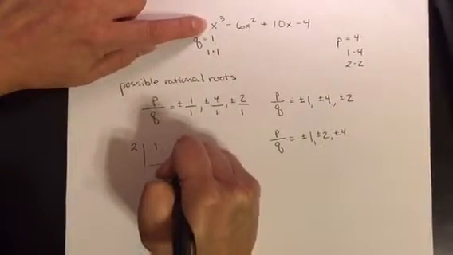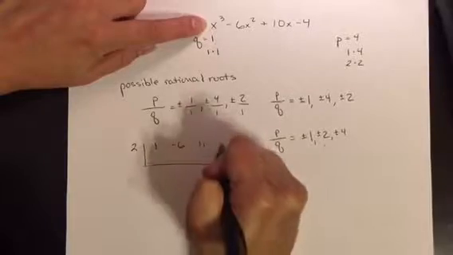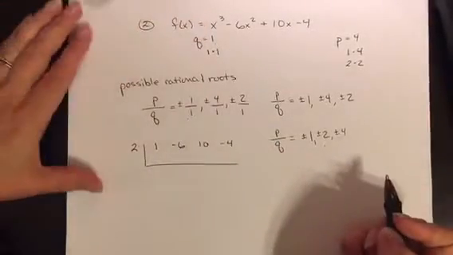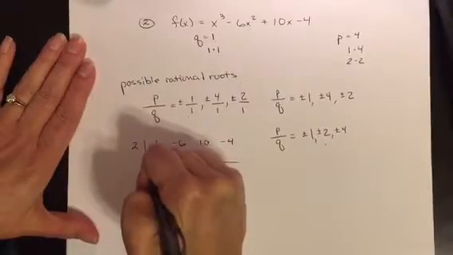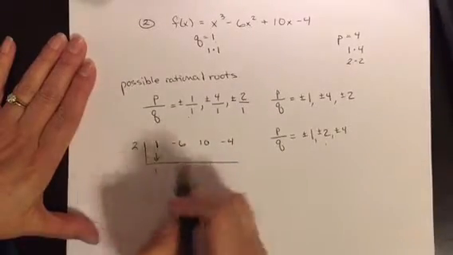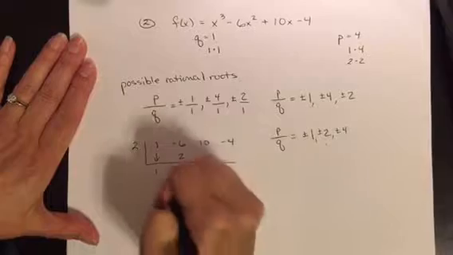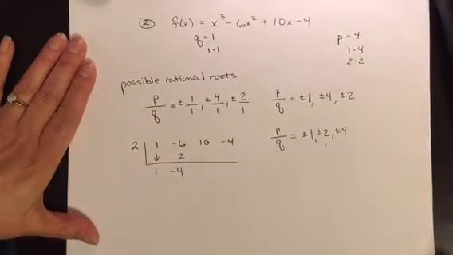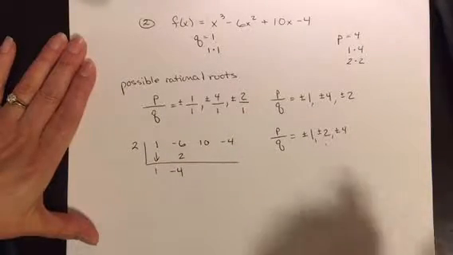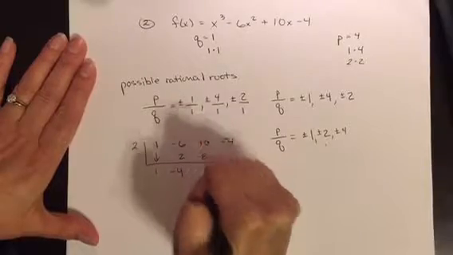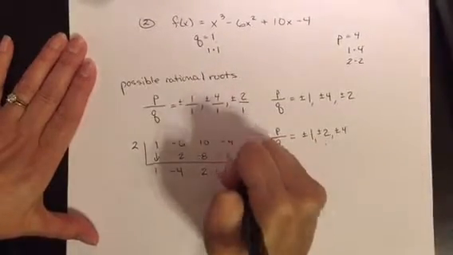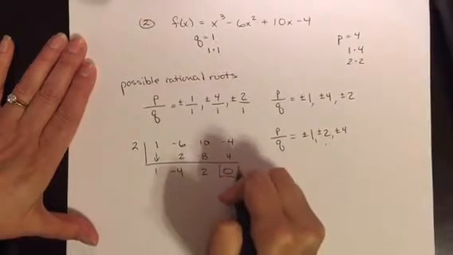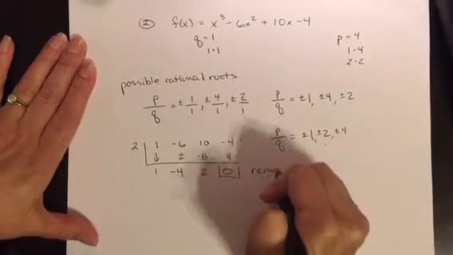So 1, -6, 10, and -4. And now I'm going to go through my synthetic division. I'm going to bring down my 1. 2 times 1 is 2. Add them together, that gives me -4. 2 times -4 is -8. That gives me 2. 2 times 2 is 4. Add them together, and I have a remainder of 0.